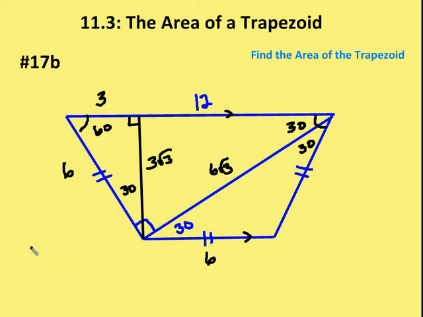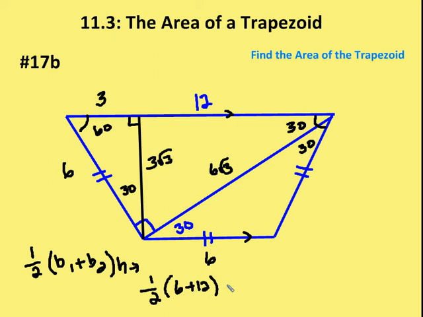So now going back to the equation of my trapezoid, I have half of base 1 plus base 2 times the height, which is going to be 1/2 of 6 plus 12 times 3 root 3, which is going to be the same as 9 times 3 root 3, or 27.